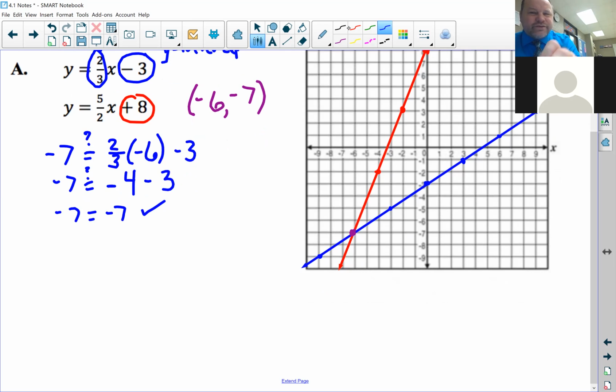That's half of my check. Now I'm going to check with the other equation as well. So again, y is -7. 5/2 times -6 plus 8.